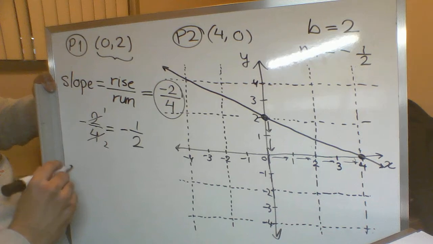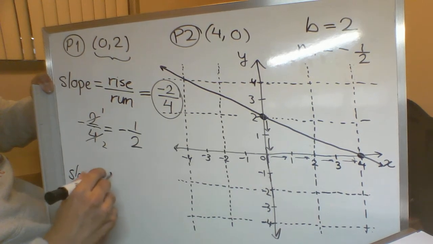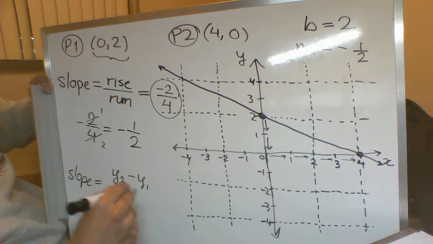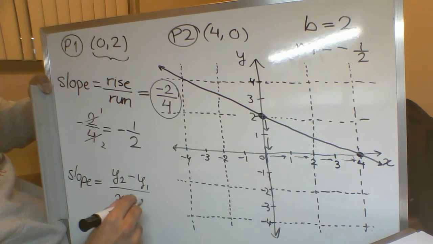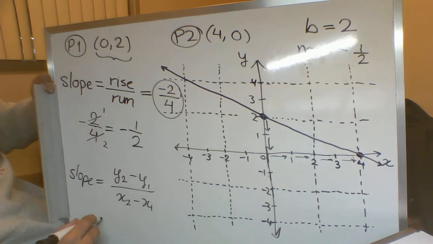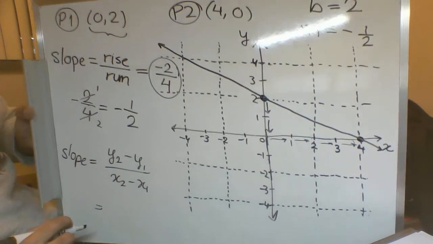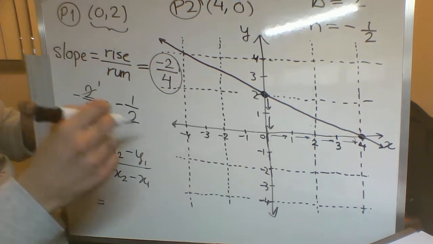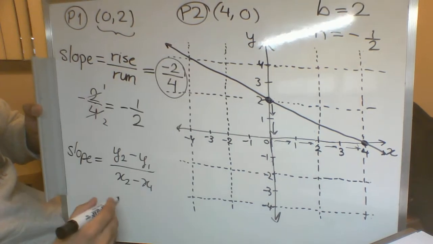So if we do it the other way, we get slope is equal to, and then we write out our formula, so that's going to be y2 minus y1 over x2 minus x1. And hopefully you guys are getting more comfortable with this process as well. But if we plug those numbers in, then we get that our y2, so that's the y-coordinate of point number 2, is 0.